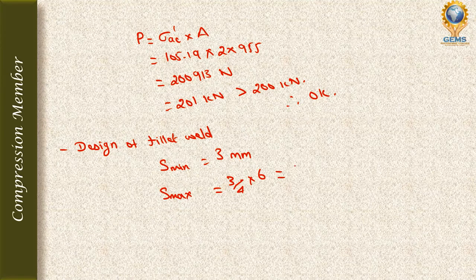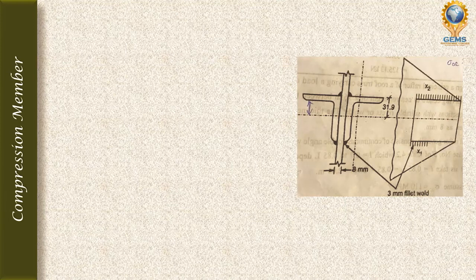So we will get 4.5 mm. So we are adopting the size of the fillet weld S is equal to 3 mm. So we assumed our size.